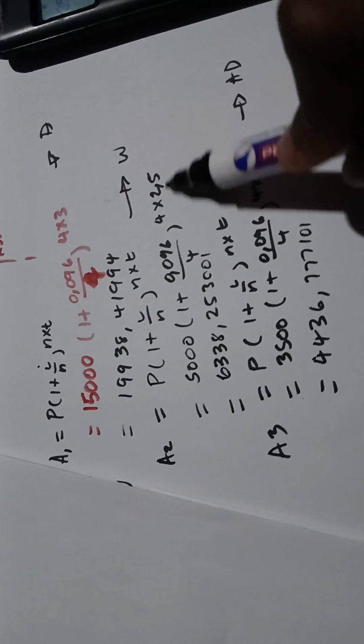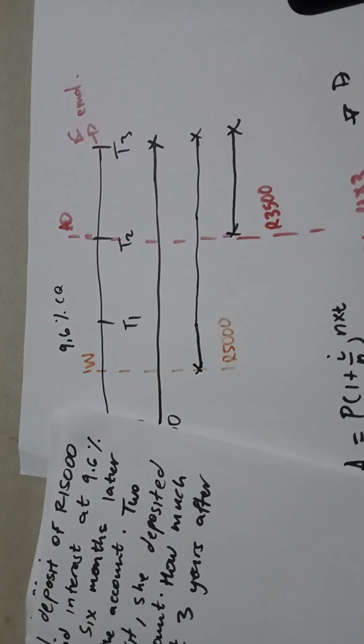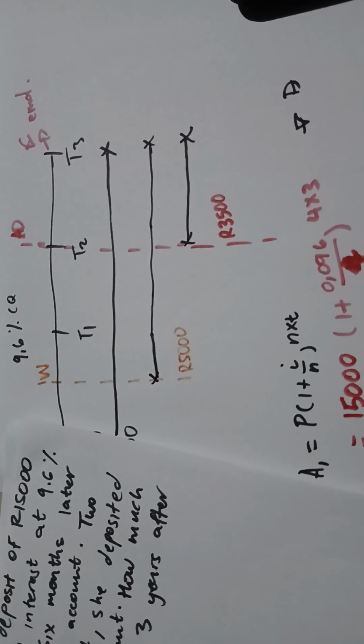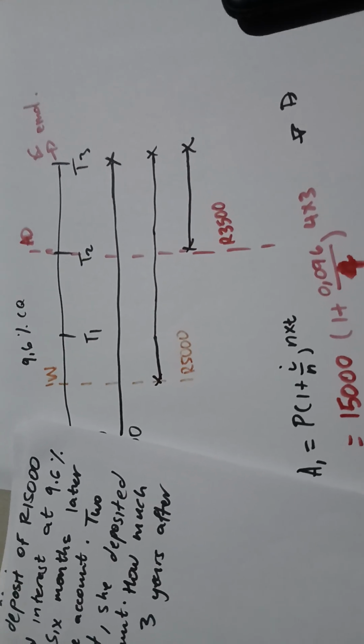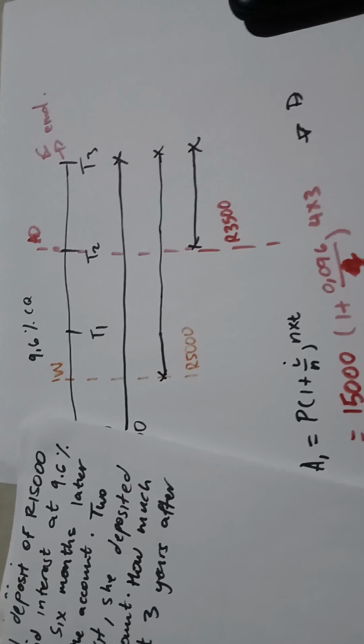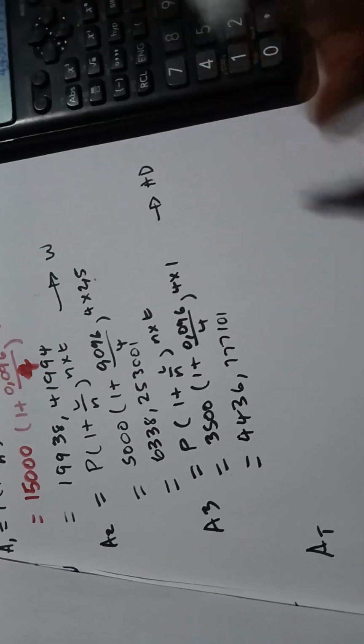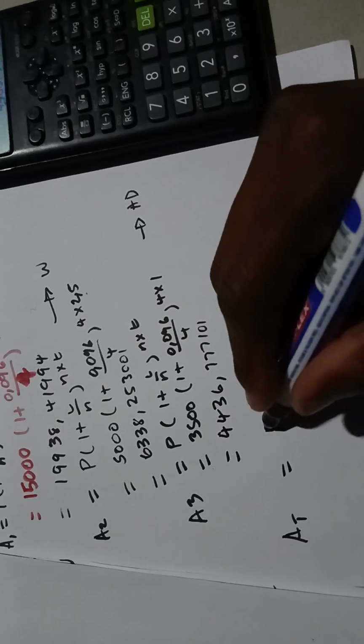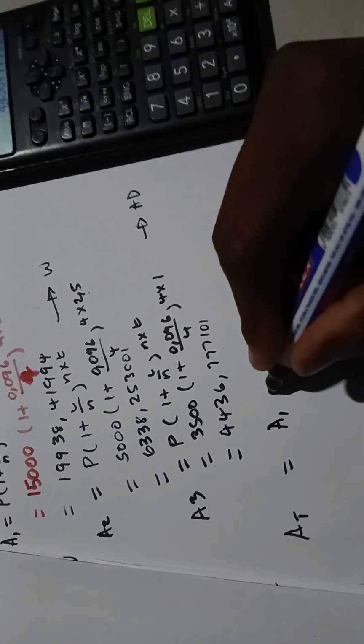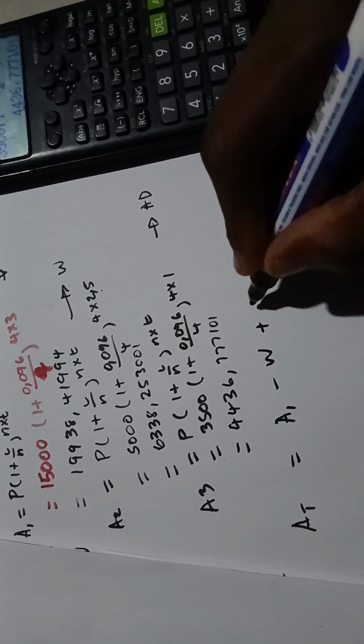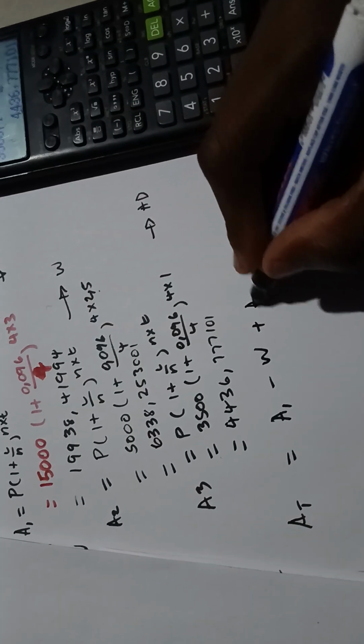Why is it 2.5 here? Which means that he affected the interest that he was going to get for the remaining 2.5 years. Ne? So let's just add A1 minus the withdrawal plus the additional deposit. Ne?